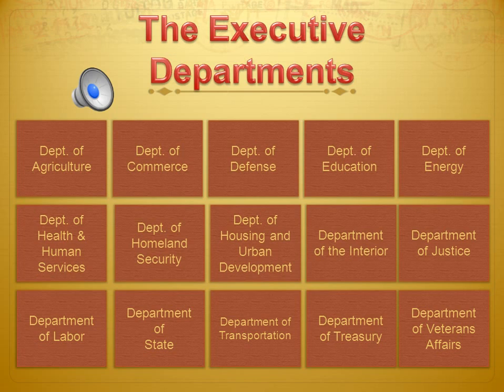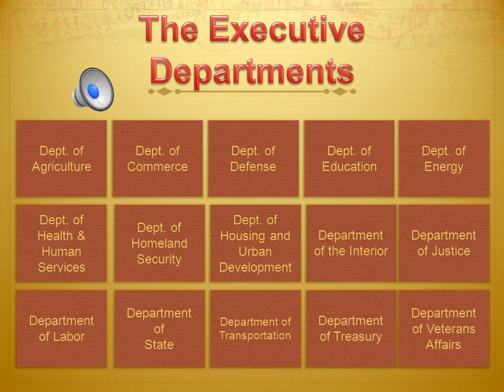Homeland Security works together with many government agencies to make the country more secure. And they're probably busy right now due to what happened recently with the Boston bombings. The Housing and Urban Development handles problems of cities related to housing, conservation, and air pollution. So urban development also includes conservation and air pollution.